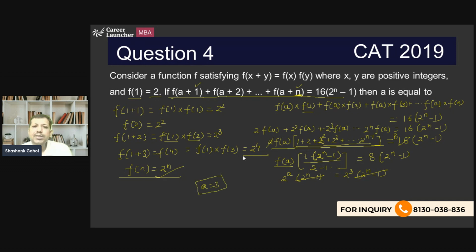Now, this is a question that seems tricky in the exam, but if you practice a few questions of this type, you can easily solve it. These kinds of questions are not very rare in the exam. It might be a little lengthier, so I would say you can avoid this question.